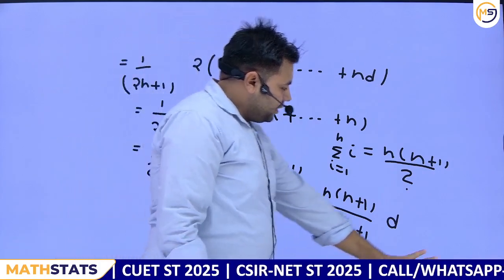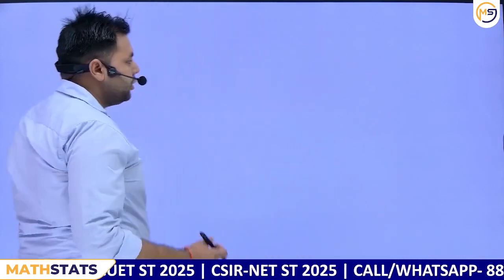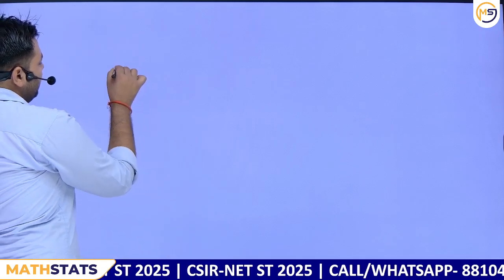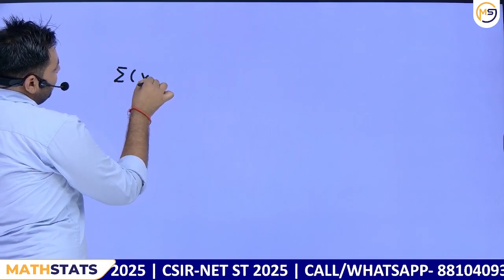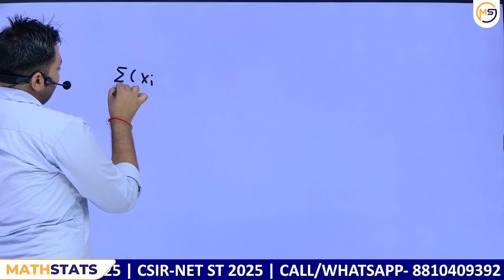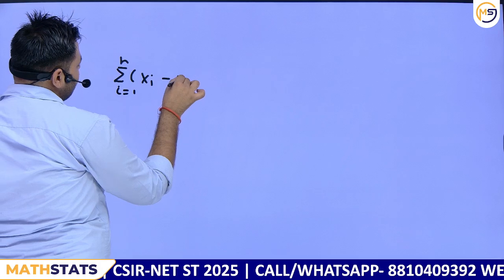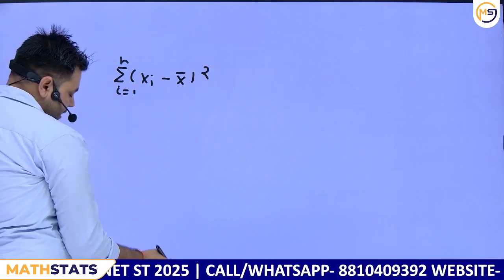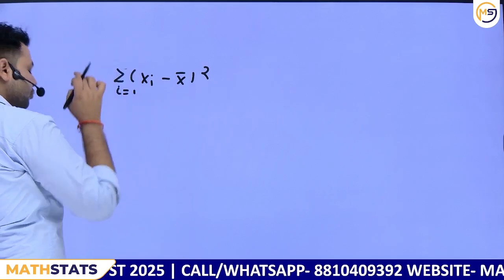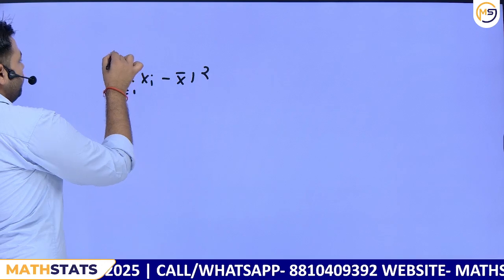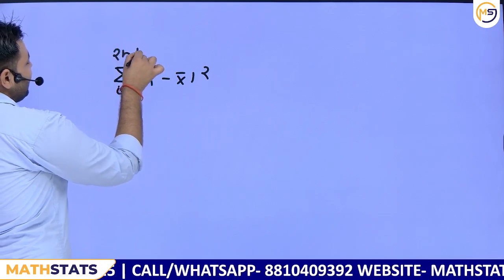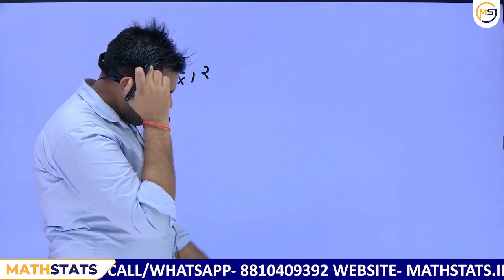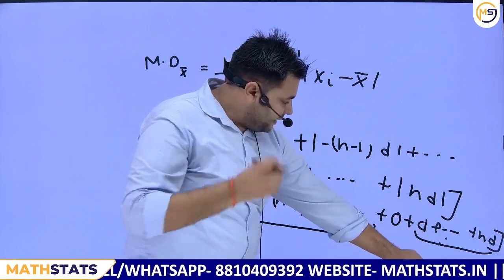Okay, now we are finding out the variance. So to find the variance, first find this term, summation i equal to 1 to n of (xi minus x bar) square. What is the value of the first xi? Remember this, here I am writing 2n plus 1 terms.